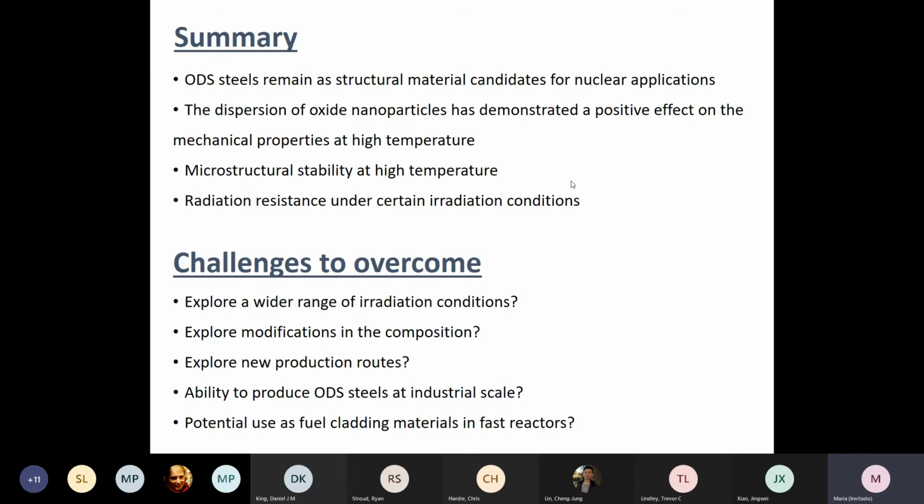And ODS steel is mainly focused on nuclear fusion reactors, but there's also a possibility to use it as fuel cladding material in fast reactors, and there are some attempts still being made in this sense. These are mainly some of the questions I ask myself about the topic and how to move forward.